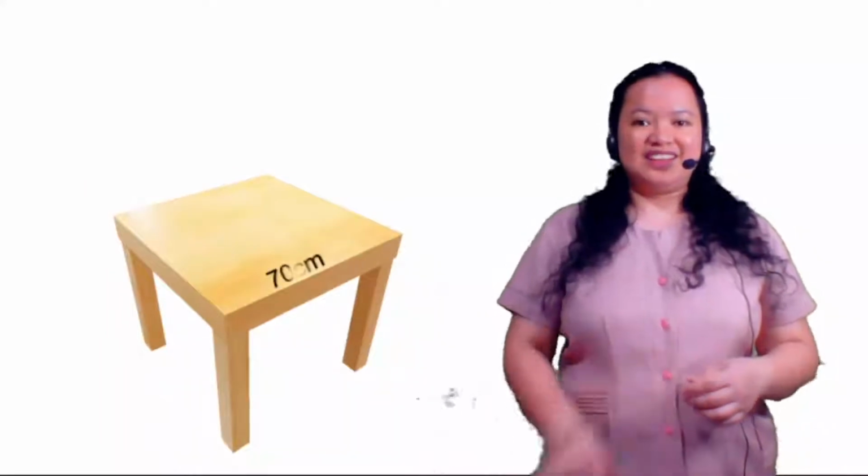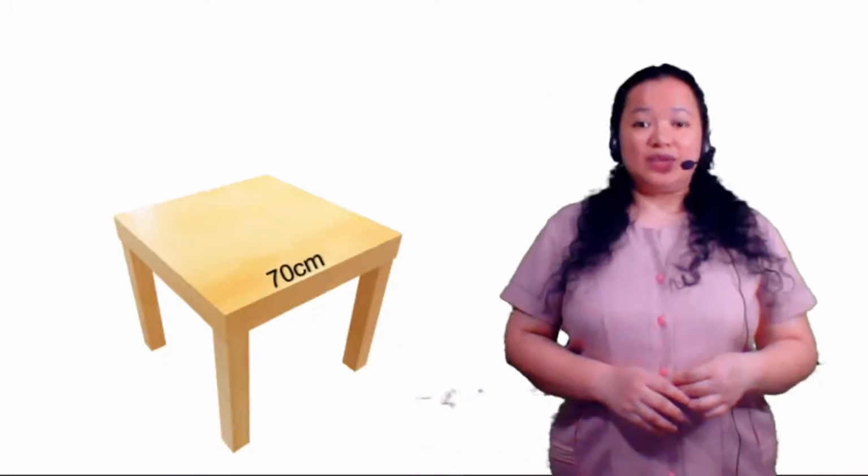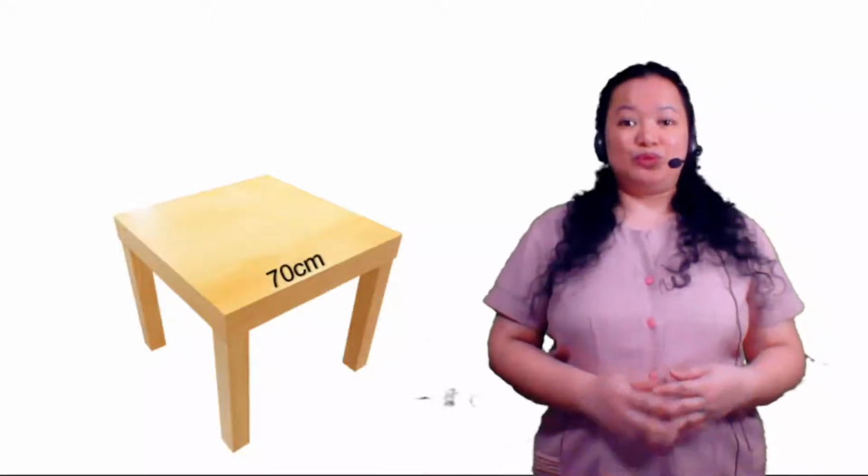Let us explore more on answering word problems that involve perimeter of a square and rectangles. One side of a square working table is 70 centimeters. If 3 tables were placed end to end, what is the perimeter of the new table formed?